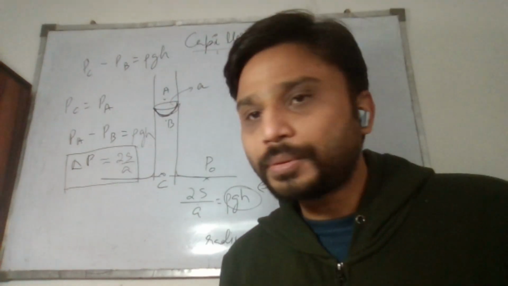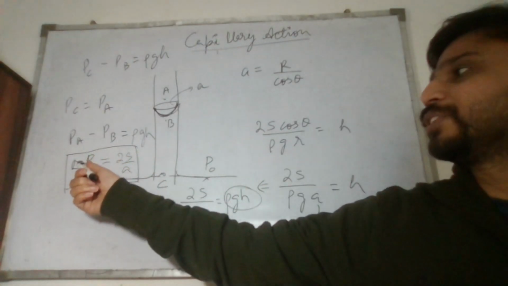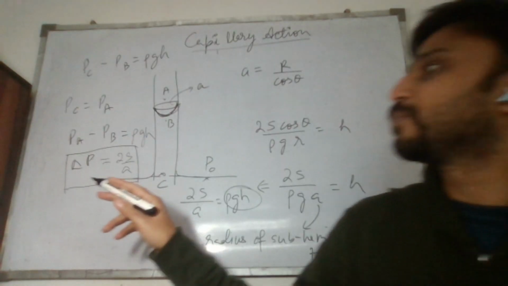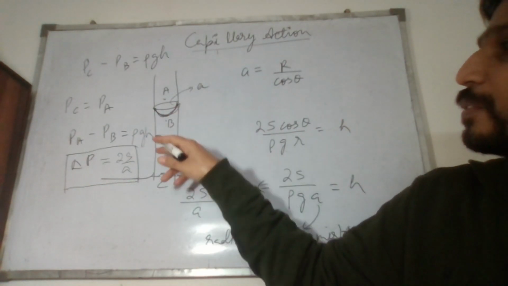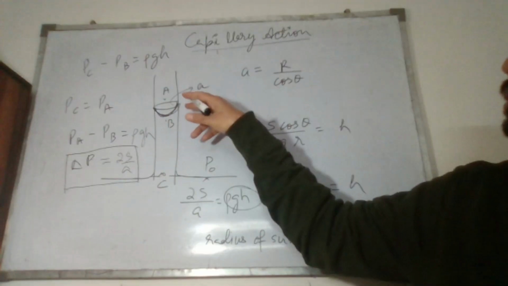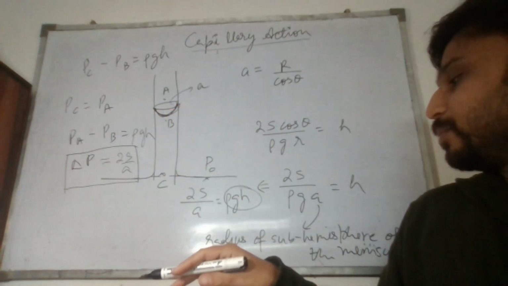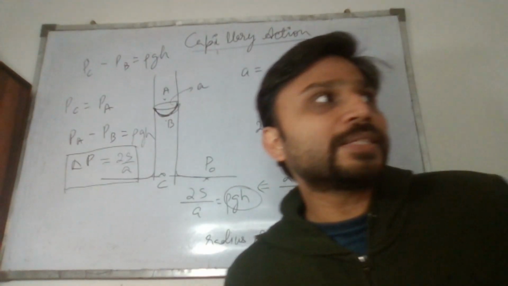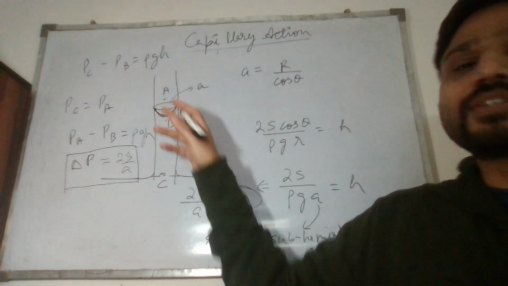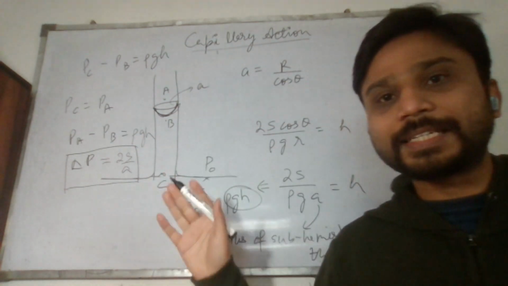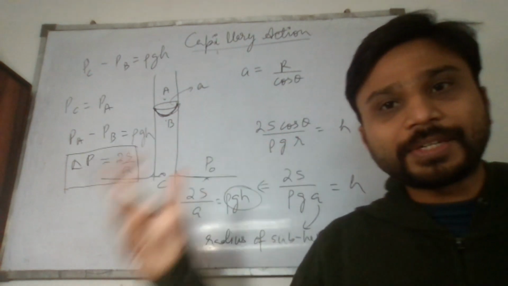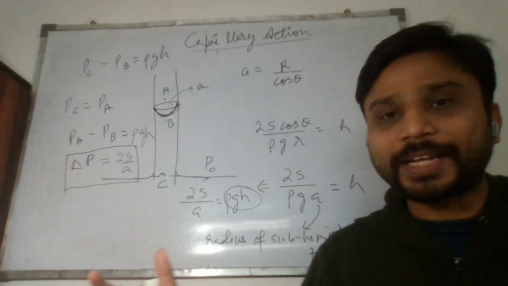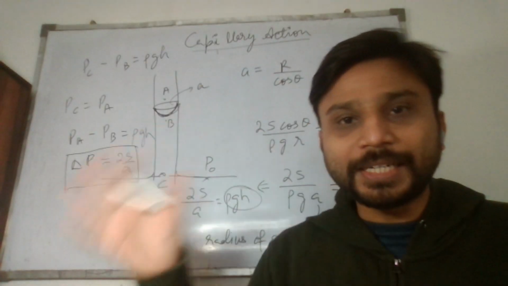So as you can see here, this pressure difference is decided by the surface tension and the radius of this sub-hemispherical surface. The point is that this radius of the sub-hemispherical surface is a constant for a given capillary and given liquid. The liquid will have the same angle of contact with that capillary if it is tilted.